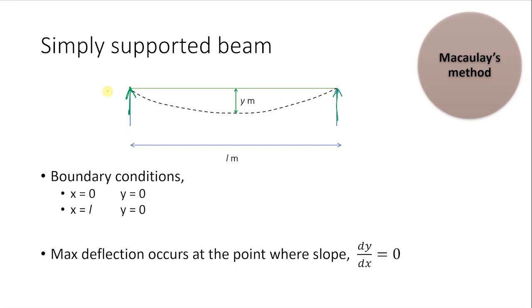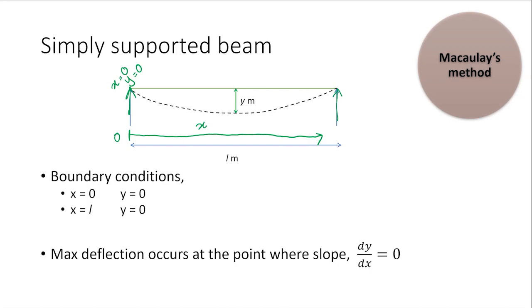Which means from here, it will start from zero. This is the length x, which we don't know where the point of x is, anywhere in between the beam. As long as it is on the beam, that is x. So when x is equal to zero, which means here, at this point, y will be equal to zero.